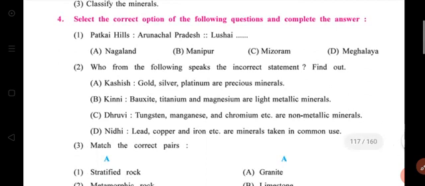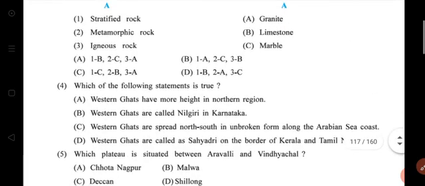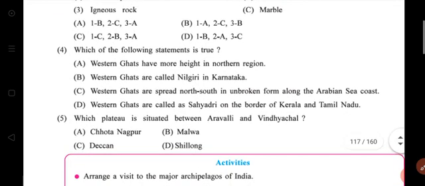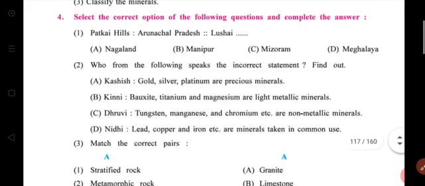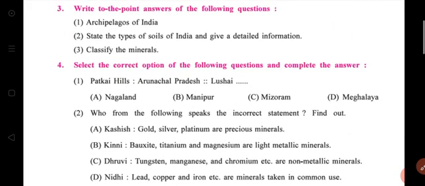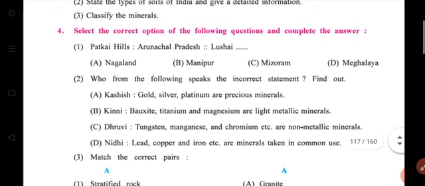And see, in the MCQs, first MCQ, then, just a minute, fourth MCQ, you don't need to write, because we have not done that topic in this chapter, as we started from the rock.